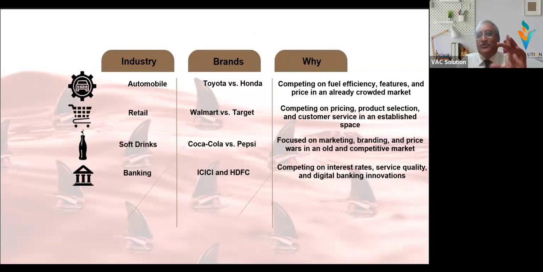If you can break this dominant logic and move out, we will see how this dominant logic was broken by some companies from these industries which created the blue ocean. Like in automobile, which company broke the dominant logic and created a blue ocean, or in retail, which company did that, we will see.